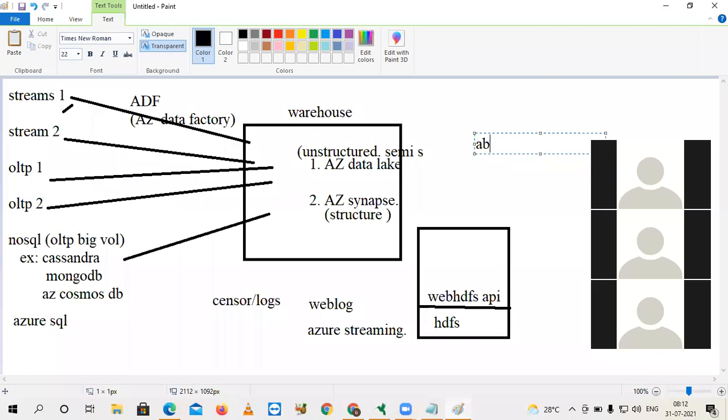What's the difference between those two? They have different technical architecture, because hierarchical namespace is applied. What's the difference between ABFS and WASB? This is next level API. That's it.